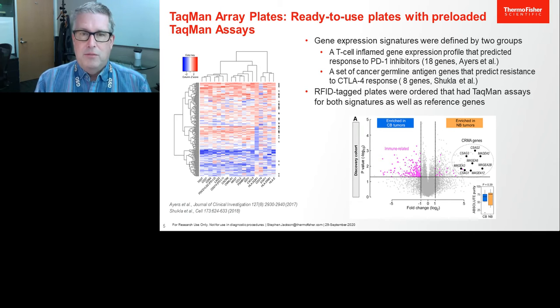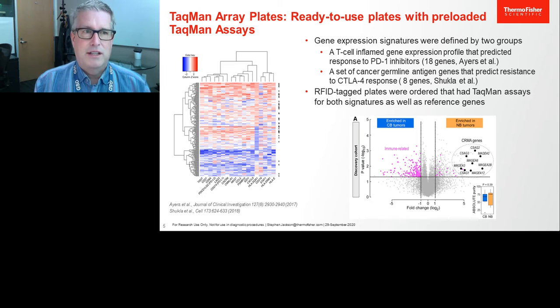We also had 8 different housekeeping genes that we included in the reference plate, and so we ordered these RFID-tagged plates that had both the PD-1 inhibitors and the CTLA4 inhibitors embedded in them. We then analyzed those 10 tumor and adjacent normal colon tumor samples, and looked at the differences in expression patterns that we were able to see.